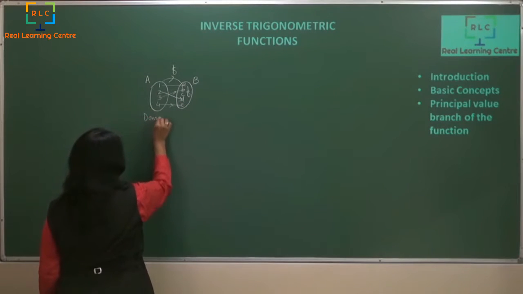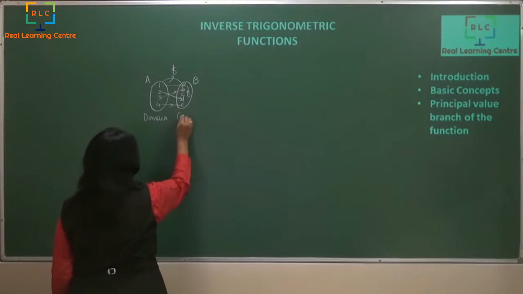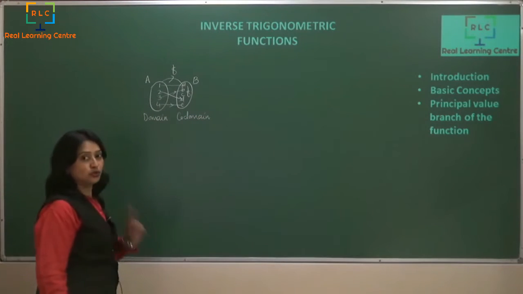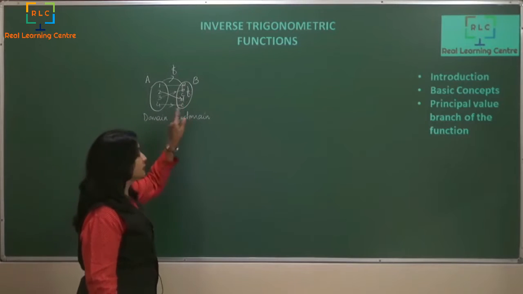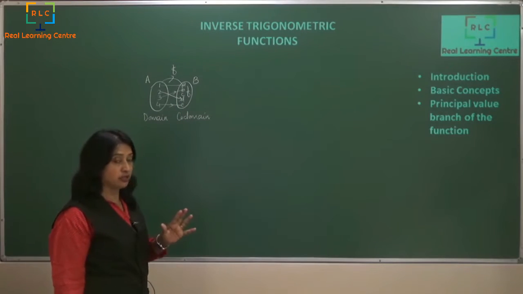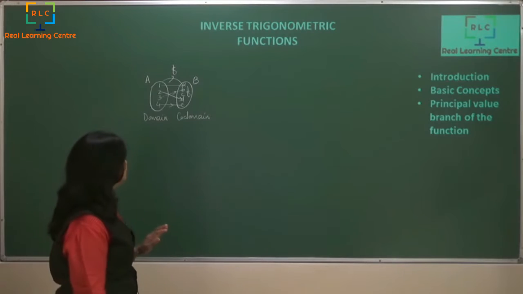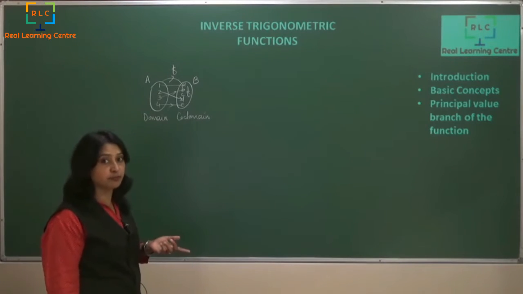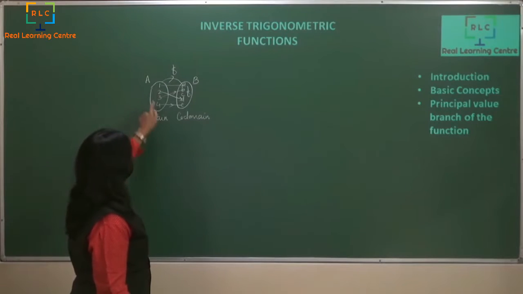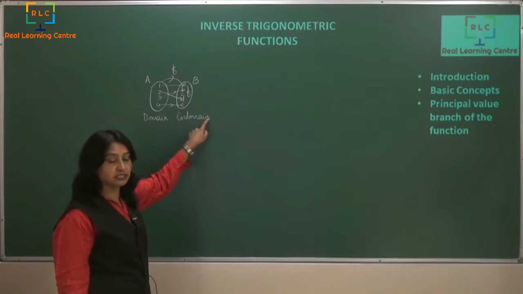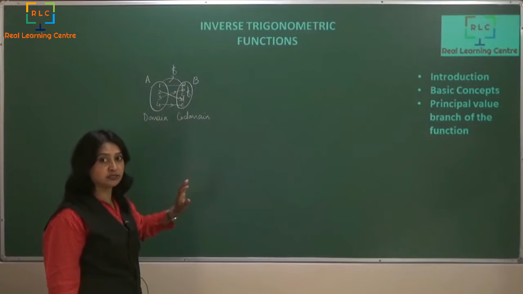This is the domain and this is the codomain. In the codomain, if there are free elements, it is called an into function. This is an into function, but it is a one-one function because each element of the domain has exactly one unique image in the codomain, and that will form a function.